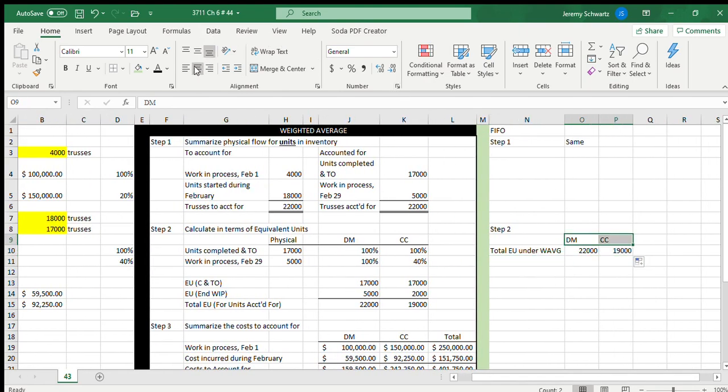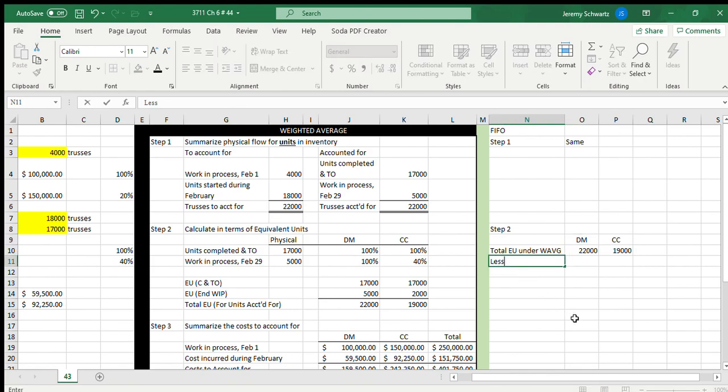Now what we need to do is to subtract the equivalent units in beginning inventory. So the direct materials were 100% complete in the beginning inventory, and there were 4,000 total units there. So we're going to have minus 4,000 here.